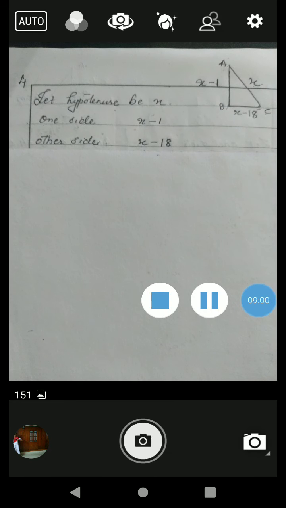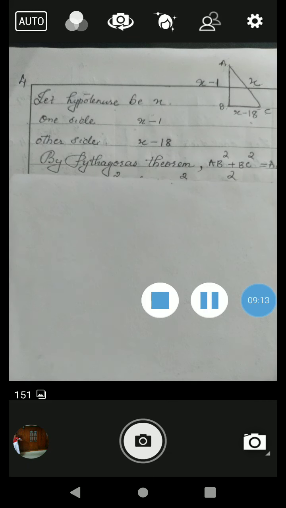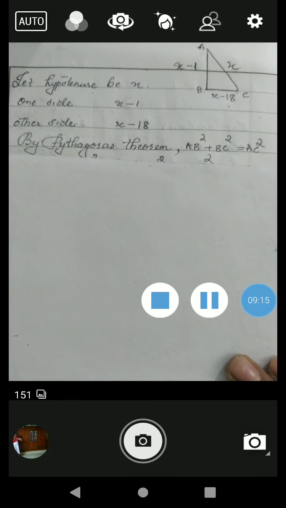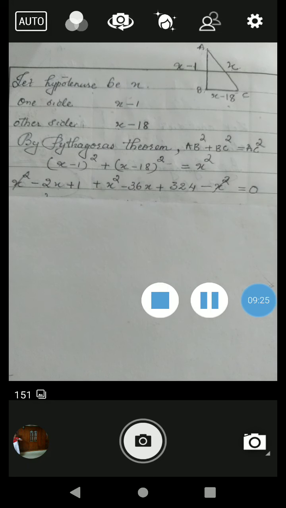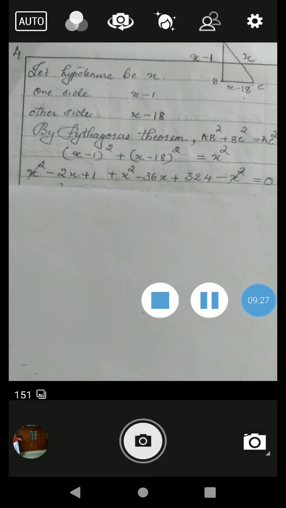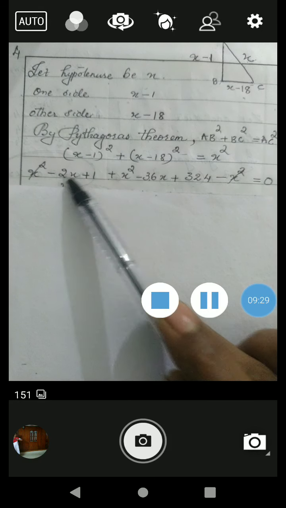So x minus 1 the whole square plus x minus 18 the whole square is equal to x square, by Pythagoras theorem. You can see the steps. Just open the brackets. x minus 1 the whole square, a minus b the whole square is equal to a square minus 2ab plus b square.